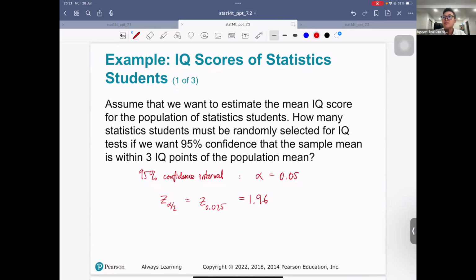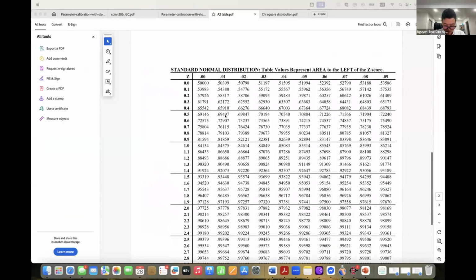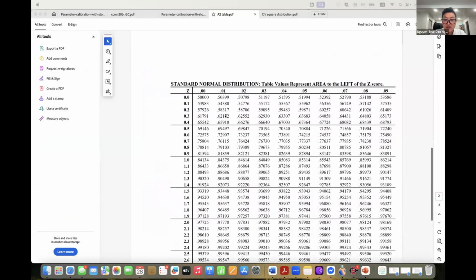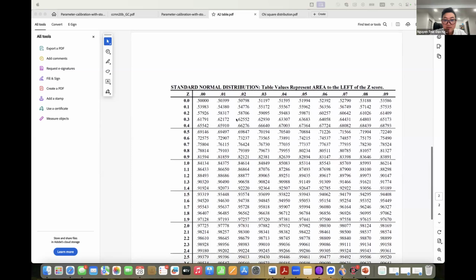I'm going to open, I'm going to share. Okay, look at this one, z 0.025. I think I did explain that in the first example already, so to save time, I'm going to go back to the first one here. That's what I remember because I did it earlier.